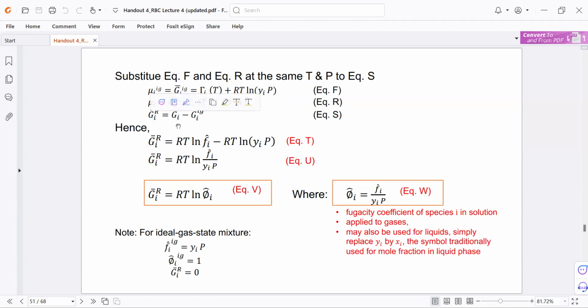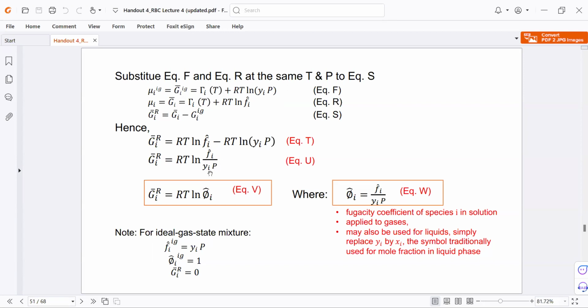So we substitute equation F and R into equation S, and the integration constant is removed, and we're left with this equation. Because of the property of natural log, this difference now becomes just a ratio of f_i hat over the partial pressure.